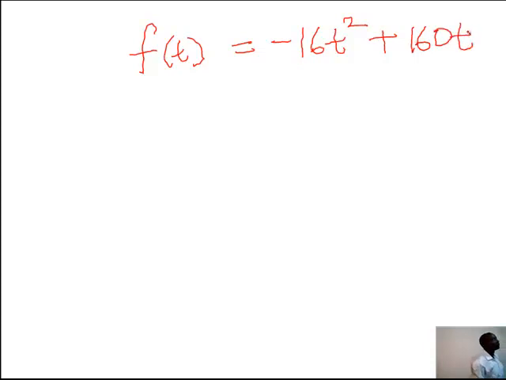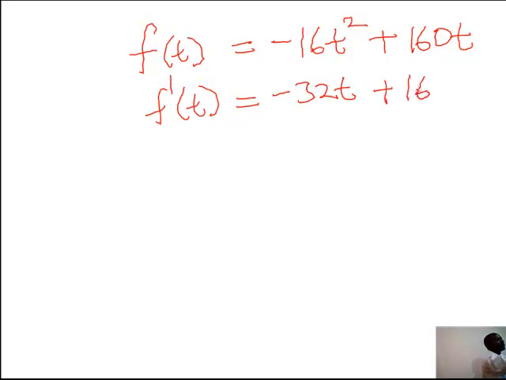Now our velocity is going to be the differential of displacement, which is going to be minus 32t plus 160.